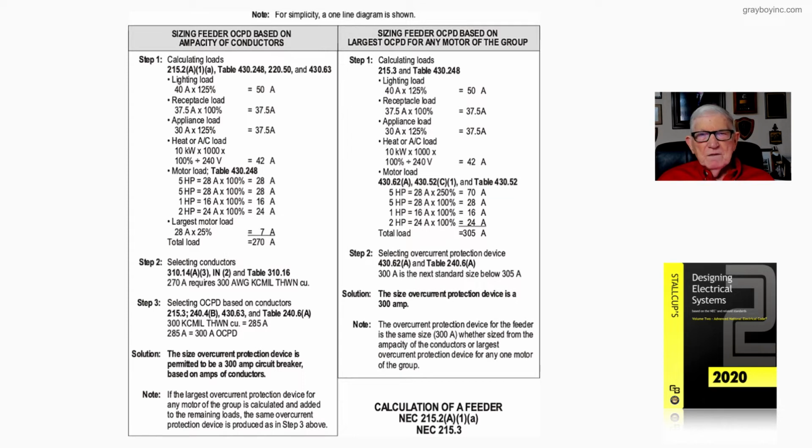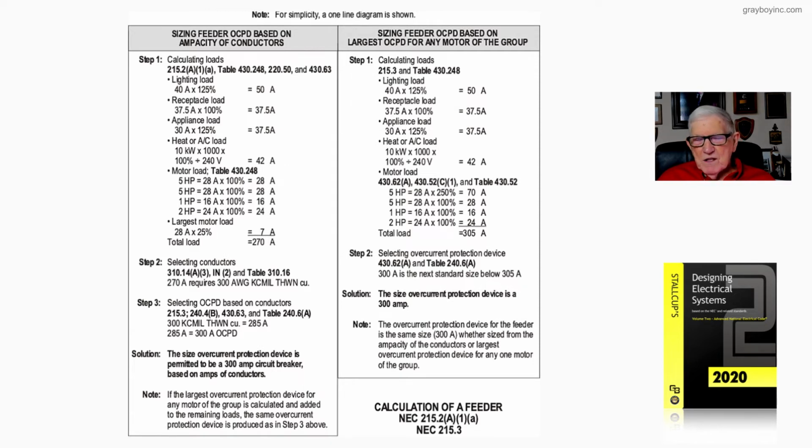Step 3, 215.3, 240.4(B), 430.63, along with table 240.6(A). The 300 kcmil is 285 amps. If we round up to 300 amps, it takes care of the calculated load in step 1 of 270, and it also protects the conductor at 285. So the solution is correct.